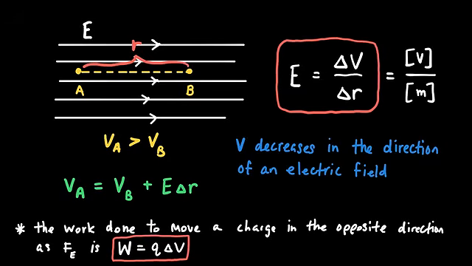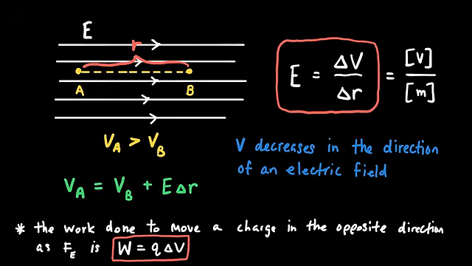But also, if that's the direction that a positive charge would feel a force, then if I wanted to hold the object there, or move it to the left, opposite the direction of the electric field, for a positive charge, I would have to do work. The amount of work I would have to do in moving a positive charge from point B to point A would be equal to the magnitude of the charge times the potential difference through which I move.